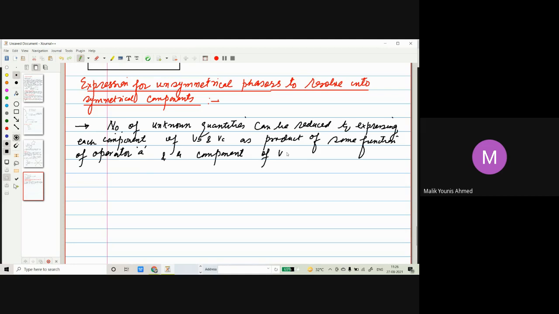That means three unbalanced phasors will be there: VA, VB, and VC.